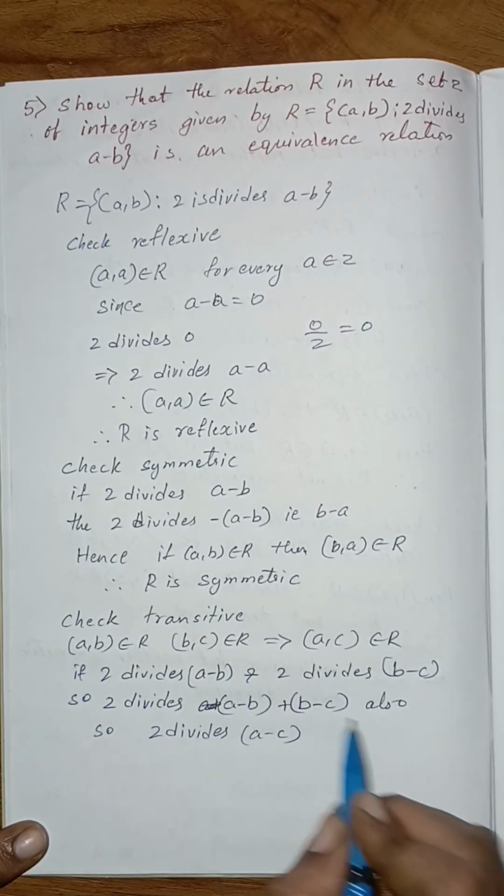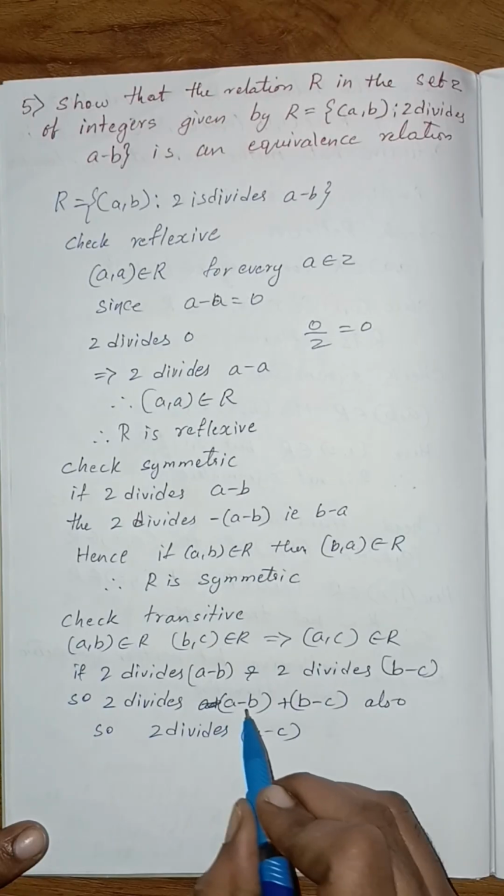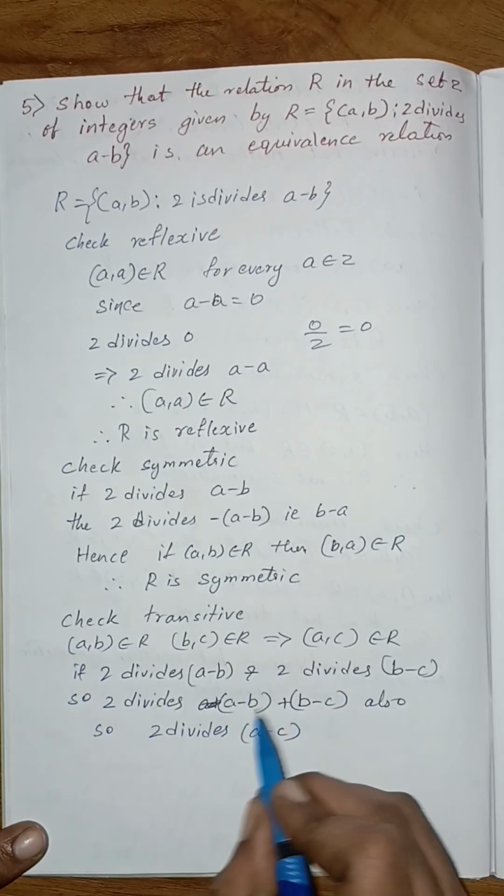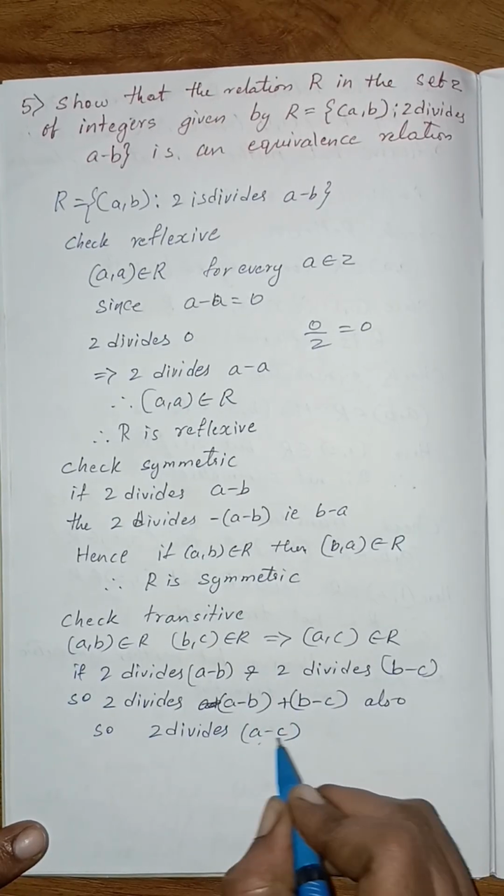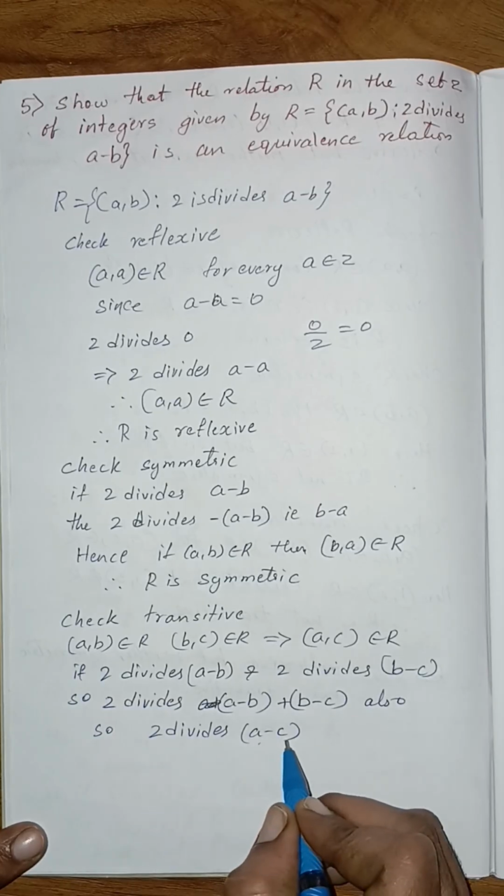We can write a minus c as (a minus b) plus (b minus c). So b and b get cancelled, and we get a minus c. So 2 divides a minus c also.